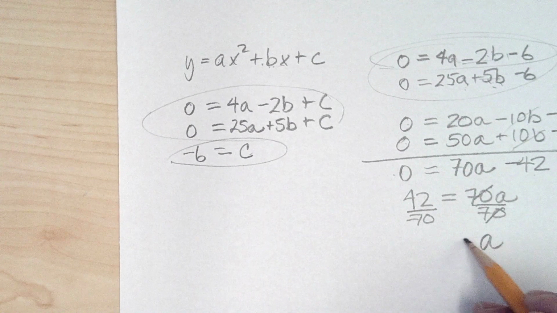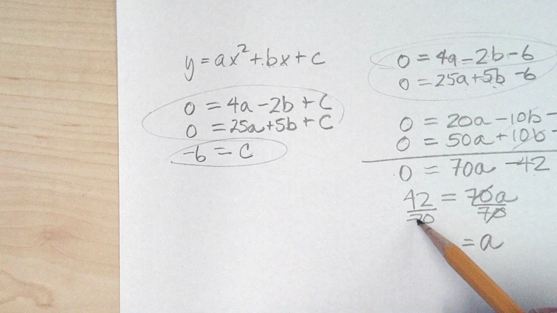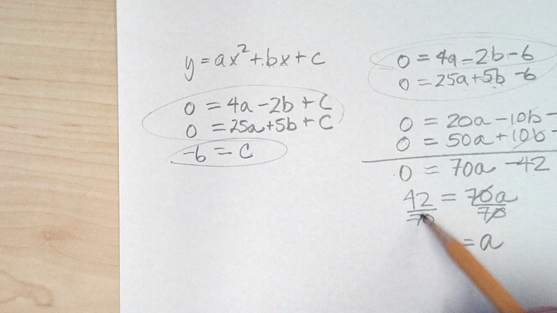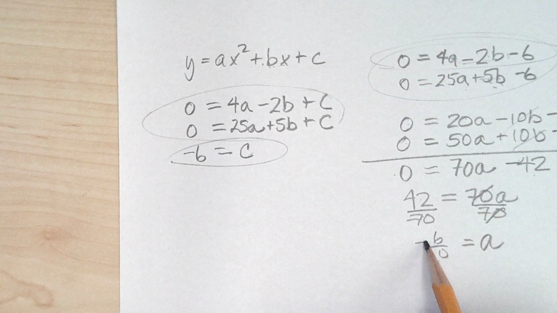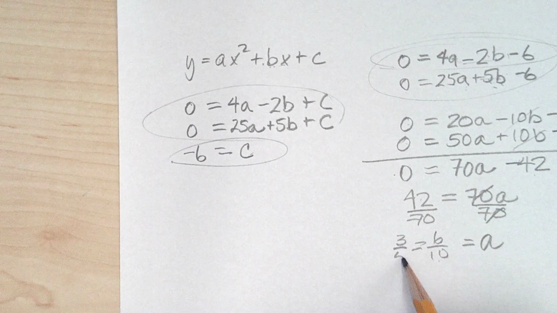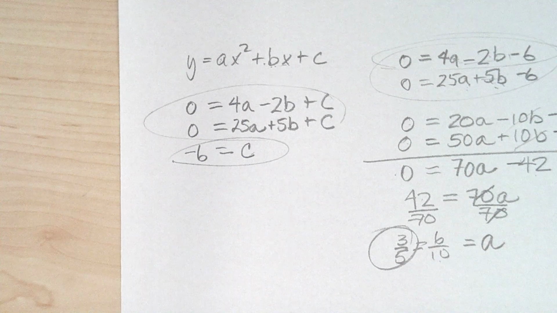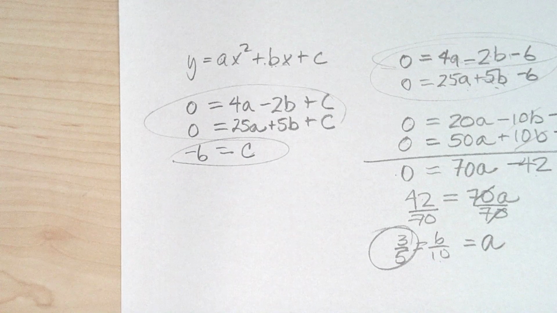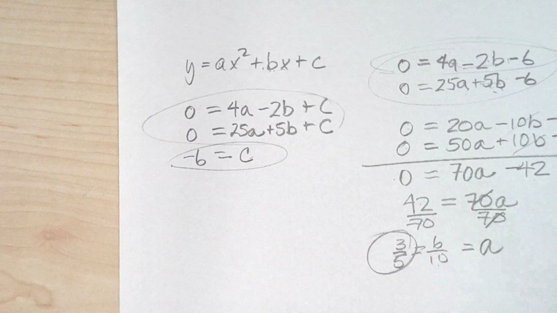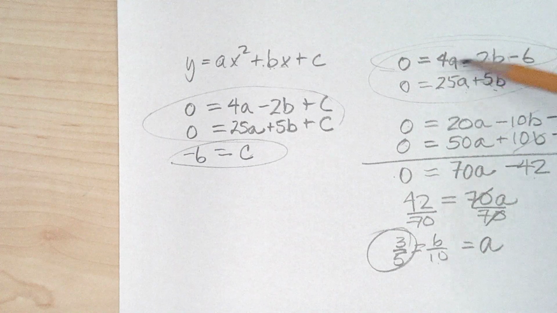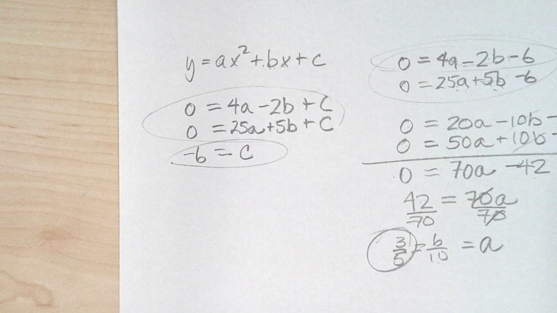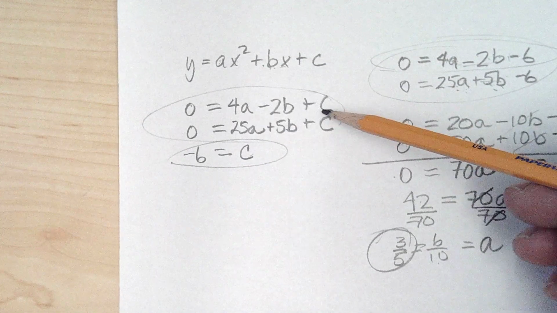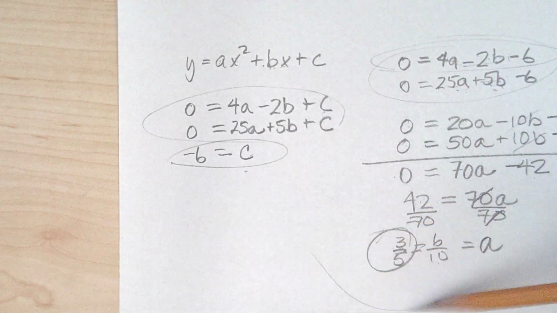And a equals, let's see, 7 goes into both of these, and I get 6 over 10. 2 goes into both, and I get 3 over 5, the same a that I had before. I can put that in for a in either one of these and solve for b, and I can finish up getting my b. I already know c, and I can solve it that way.